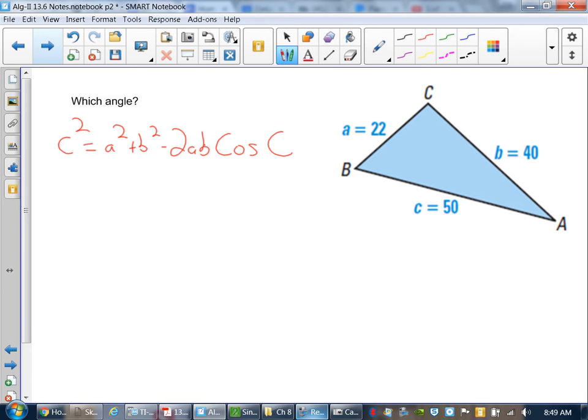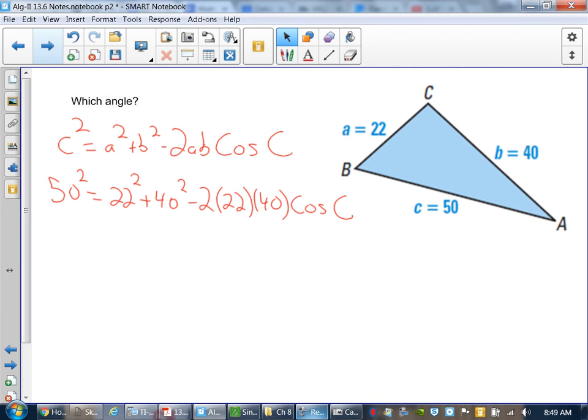Then I have that. So much quicker just to put it on a calculator and solve it out than it was to try to remember that other formula.